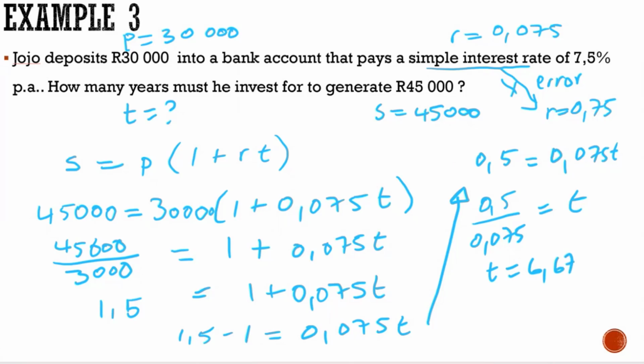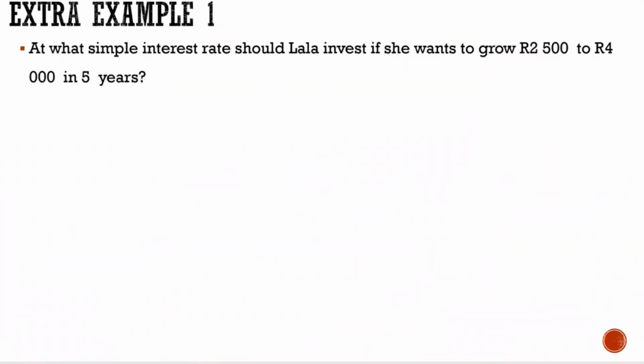Okay, so now that is your time. So the value of your time, it is T, 6,67. So I've just taken you through the mathematical way of communicating. Okay, so let's say you are given yet another example.